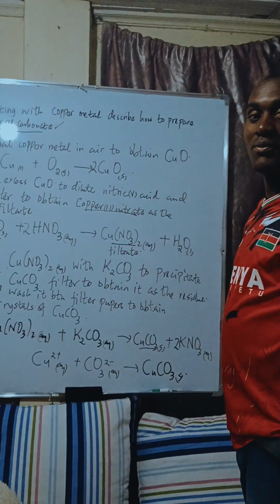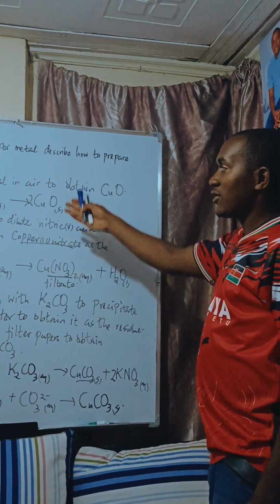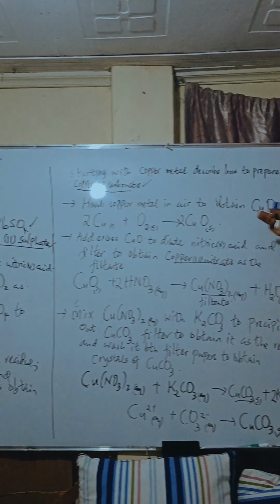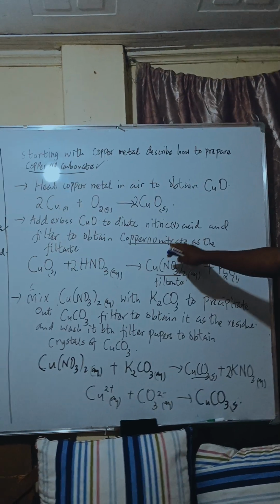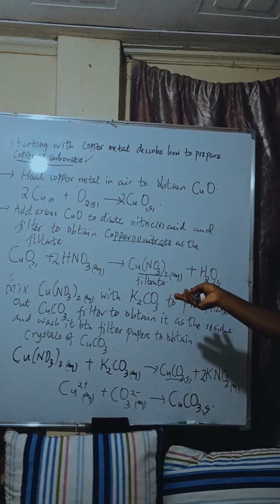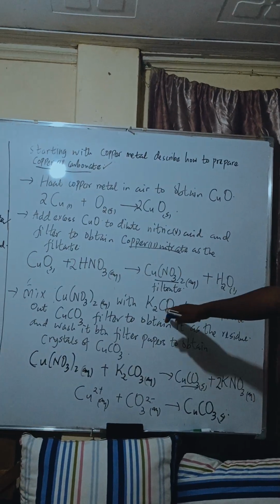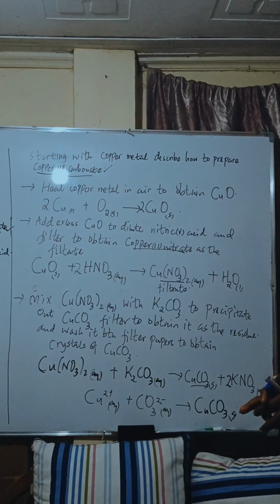And that is how we prepare insoluble salts. So heat copper metal in air to obtain copper 2 oxide. Add excess copper 2 oxide to dilute nitric acid and filter to obtain copper nitrate as the filtrate. Then you mix copper nitrate with potassium carbonate, which is a soluble salt, to help us precipitate out an insoluble salt.